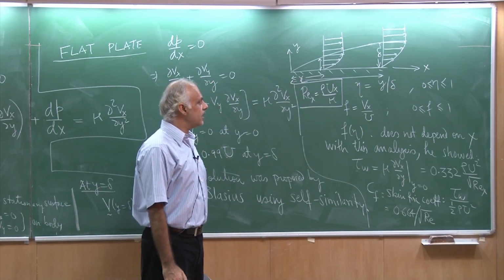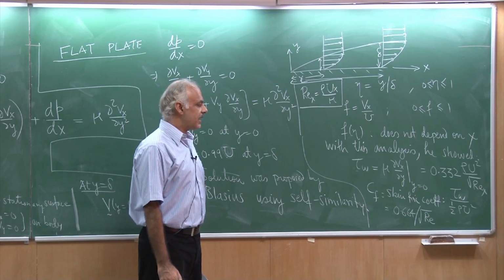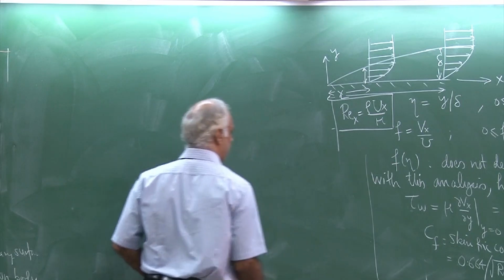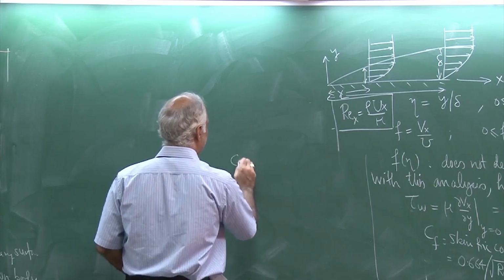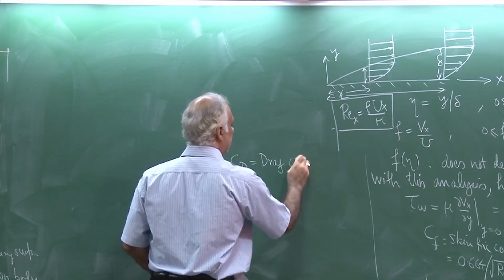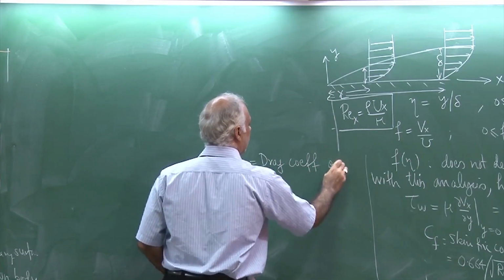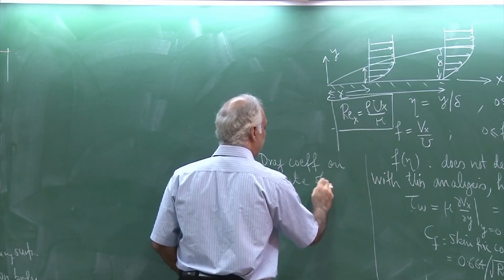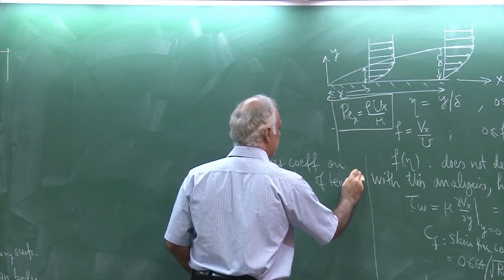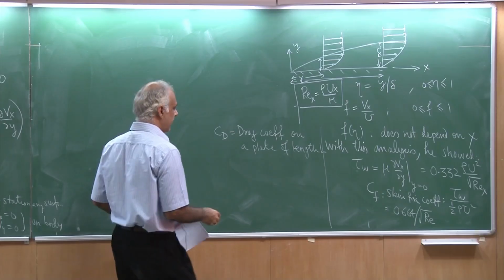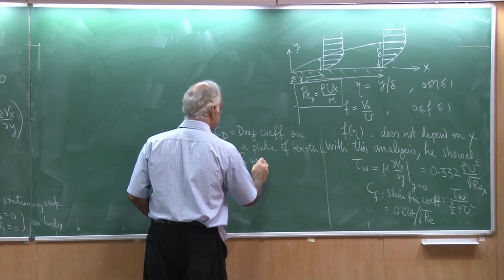But assuming that only one side is exposed, I can actually calculate the drag coefficient. So let me do that for you. So what he was able to show is that CD is the drag coefficient on a plate of length L, and suppose its width is B.